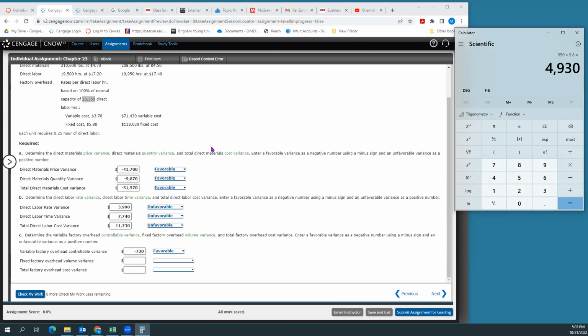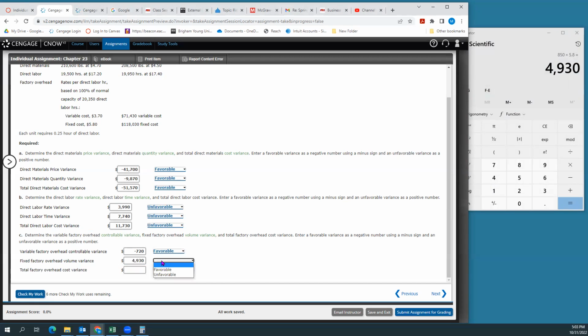So again, we're going to have this unfavorable variance because we didn't use all of the time that we could have used.